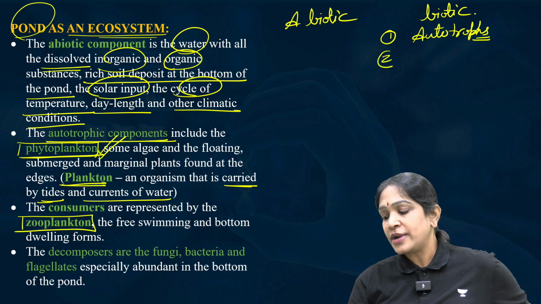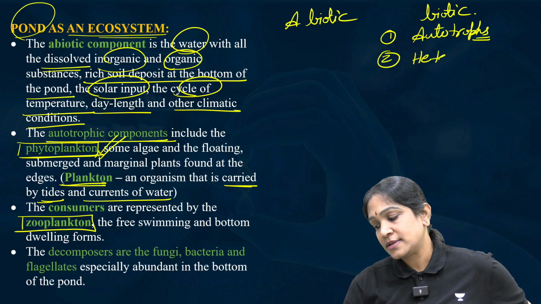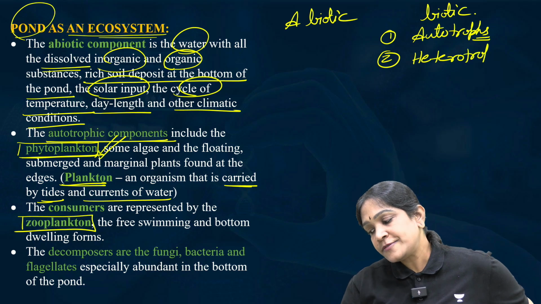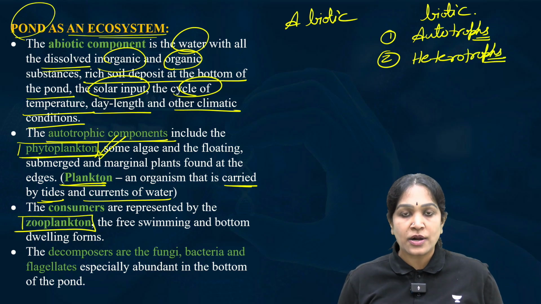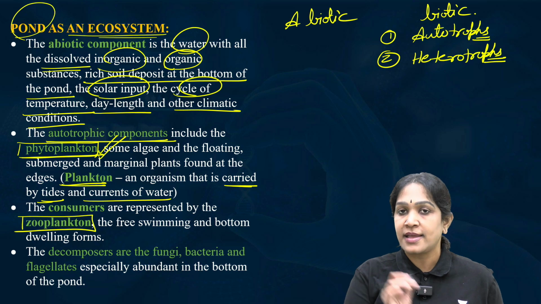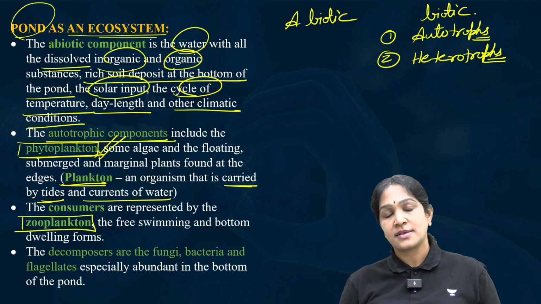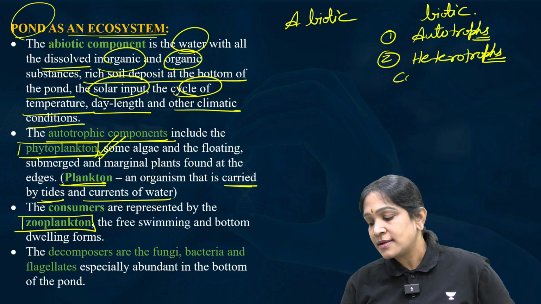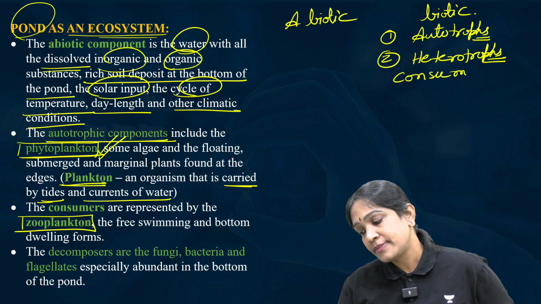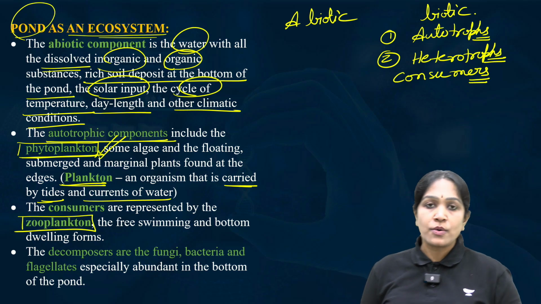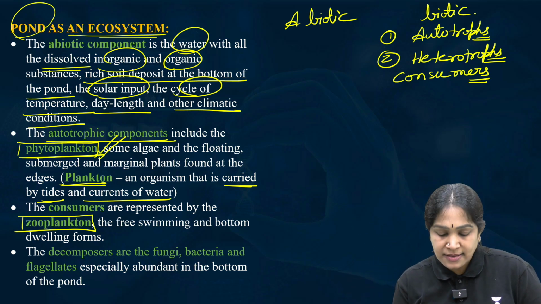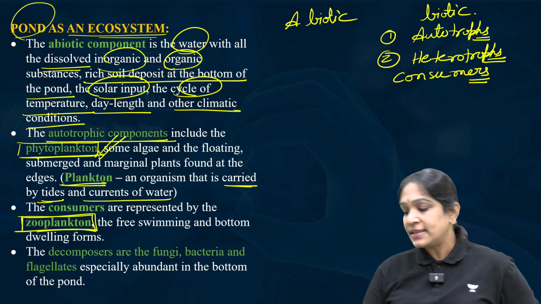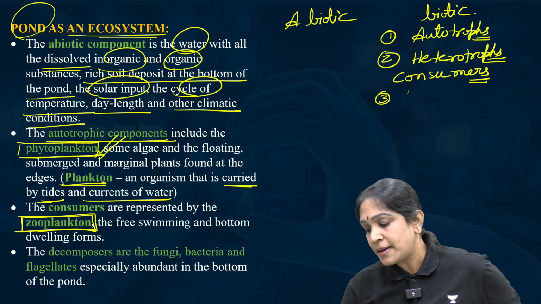The second component is heterotrophs. Heterotrophs are those organisms that cannot produce their own food material. They cannot perform photosynthesis. They feed upon the autotrophs. They can also be called consumers. In the pond ecosystem, the consumers are the zooplankton. And the third component is decomposers.